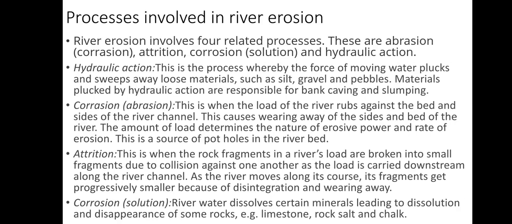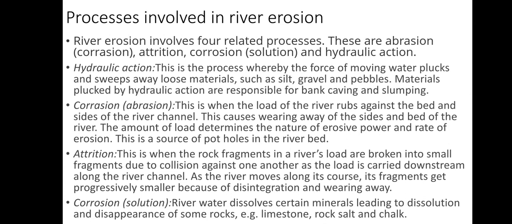Let's see the processes involved in river erosion. We've already seen the three ways that occur in river erosion. Now river erosion involves four related processes. These are abrasion or corrasion, attrition, corrosion or solution, and hydraulic action. Starting with the first one, hydraulic action.